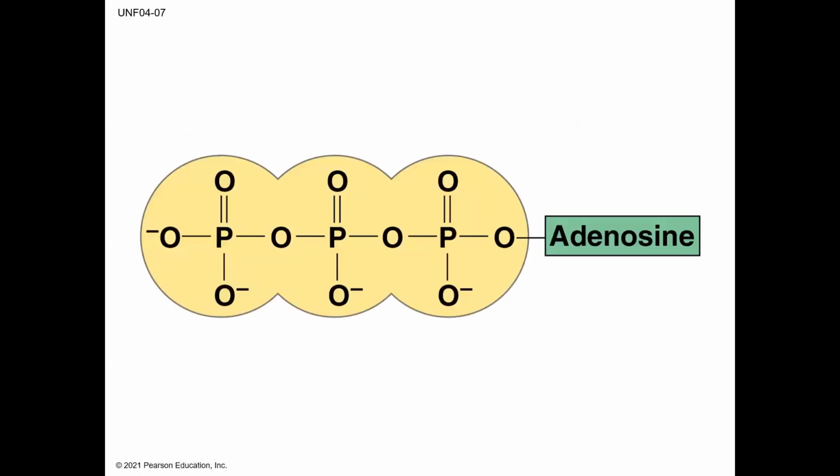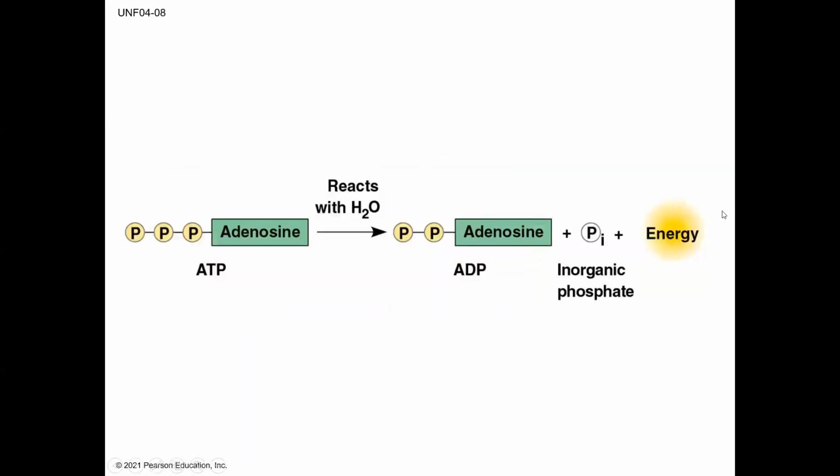This here is the chemical structure of ATP. It's an adenosine molecule attached to 3 phosphates. So 1, 2, 3. These are phosphate groups that are all attached to adenosine. It's one of the reasons why it's called ATP, triphosphate.